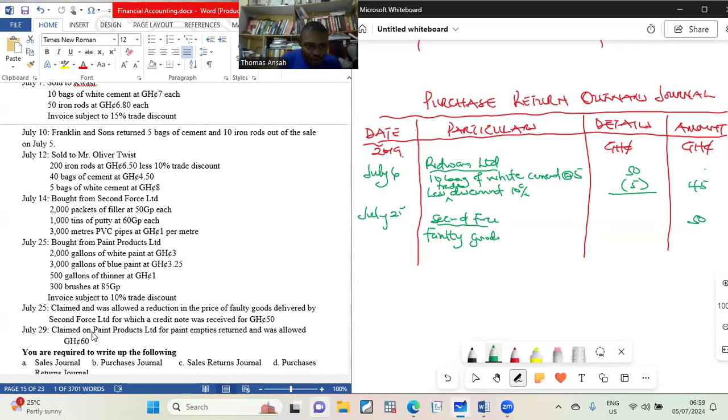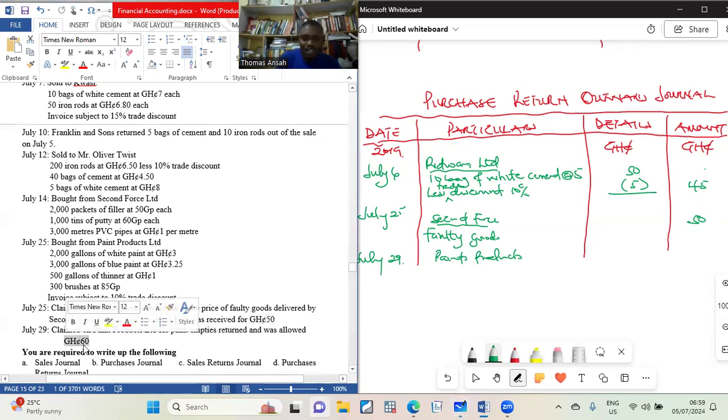Then again, you claim on paint too. Paint. So that one is from Paint Products. So that is July 29. So Paint Products. It says that claim on Paint Products for paint empties, returned and was allowed this.